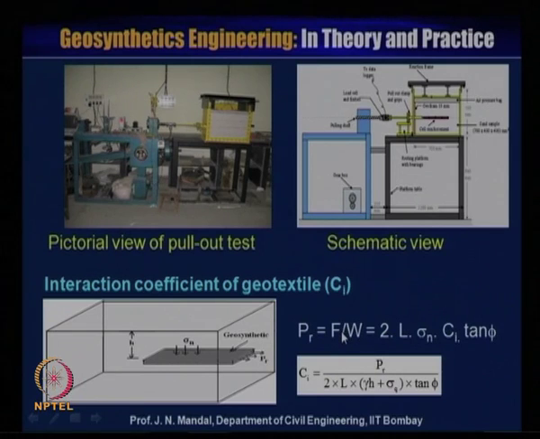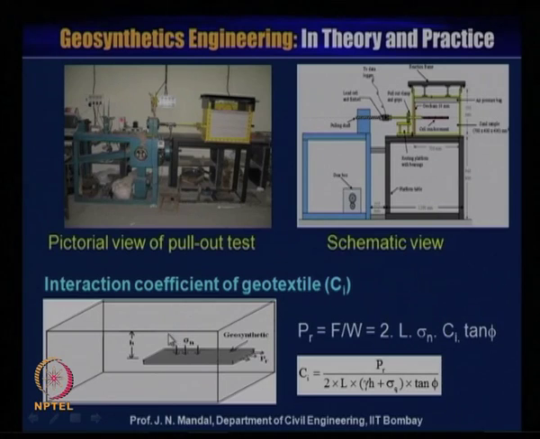So P_R is equal to 2 into L into sigma n into Ci into tan phi. So Ci into tan phi is like tan delta, and sigma n is the normal stress.